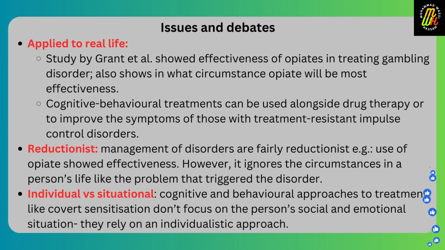Reductionism: management of disorders is fairly reductionist, for example, use of opiates shows effectiveness. However, it ignores the circumstances in a person's life, like the problem that triggered the disorder. Individual versus situational: cognitive and behavioral approaches to treatment, like covert sensitization, don't focus on the person's social and emotional situation. They rely on an individualistic approach.